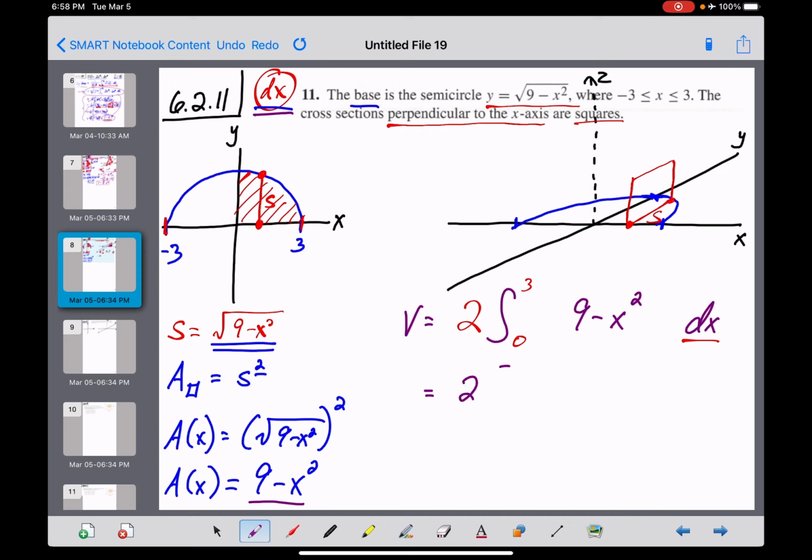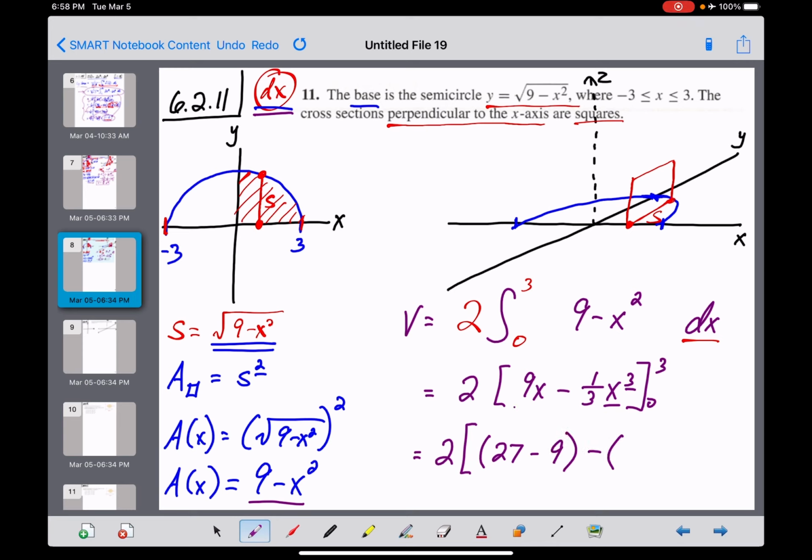So 2 times the antiderivative of 9 is 9x, and the x squared gets us 1/3 x cubed, all going from 0 to 3. The 2 stays out in front. Let's start some brackets and parentheses now. 9 times 3 is 27, minus 3 cubed. That's 27, but 1/3 of 27 is going to be a 9.